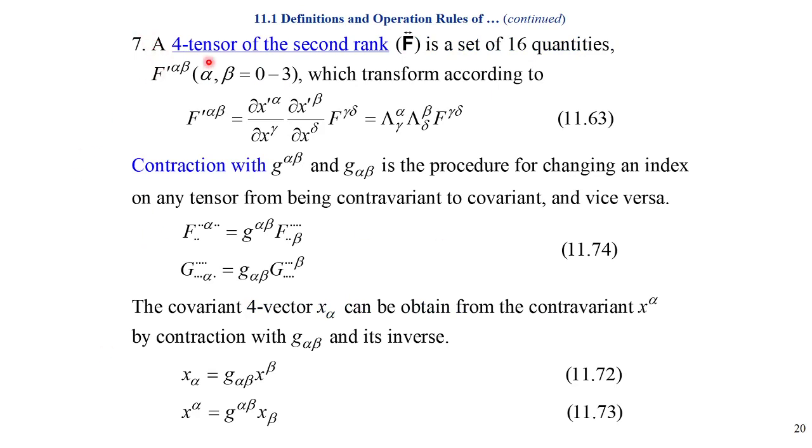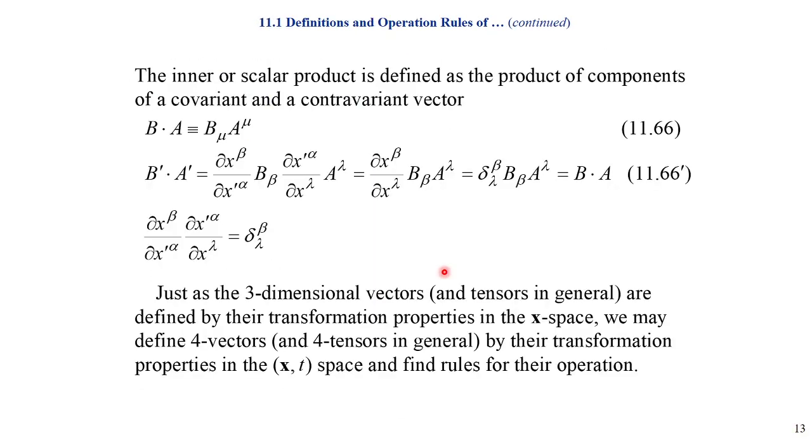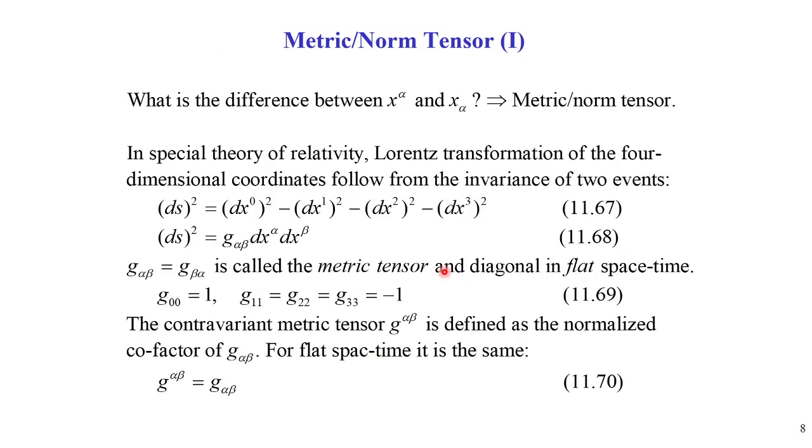Item 7. For a tensor of the second rank, F alpha beta, that's the definition. You can raise the lower index to the upper index with G. So what is G? It's the metric tensor. G equals 1, minus 1, minus 1, minus 1, and is symmetric.